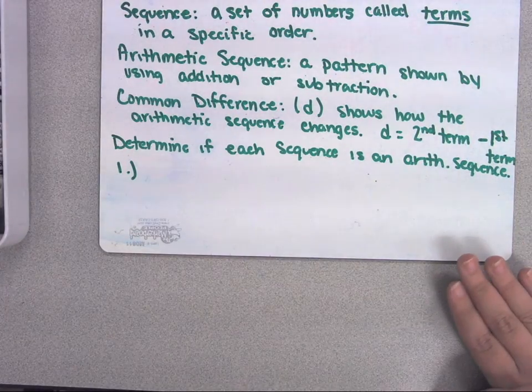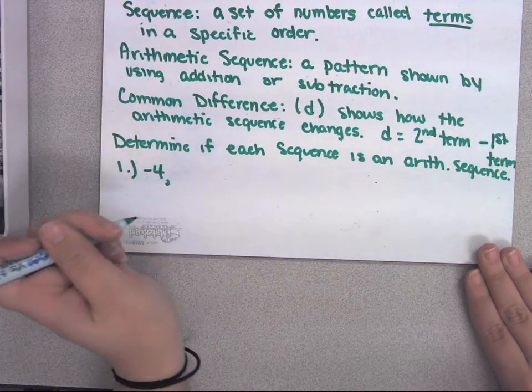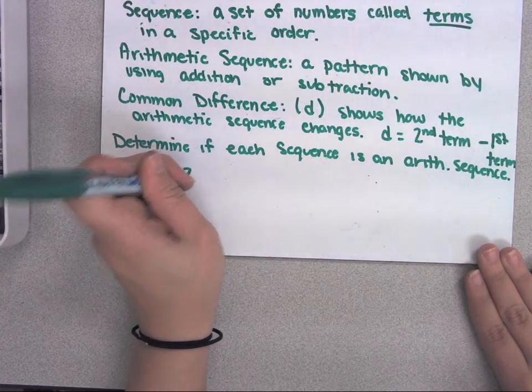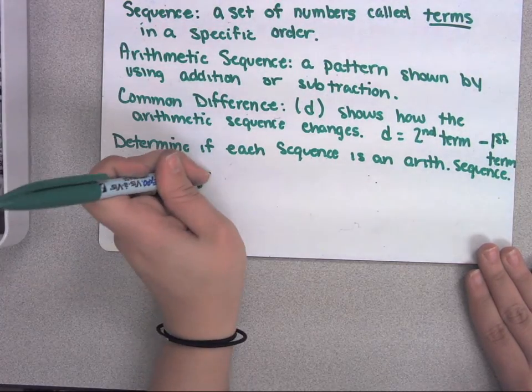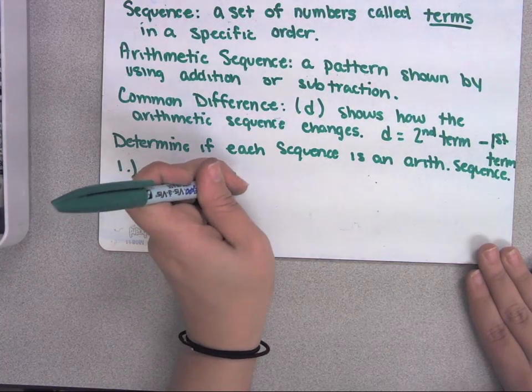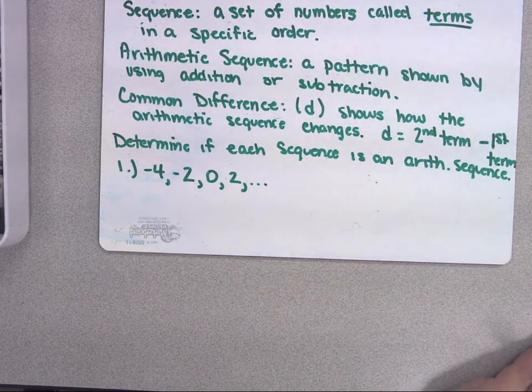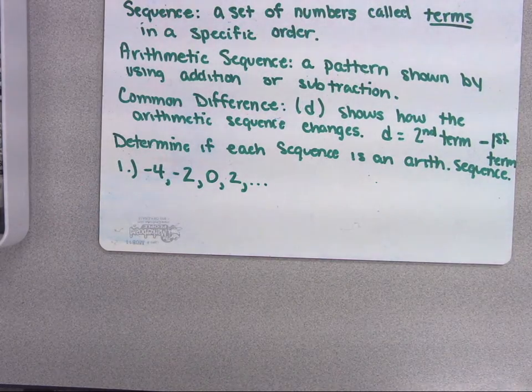Number 1: -4, -2, 0, 2, dot dot dot. That means it goes on. We're just not writing them all down. So write that down first.